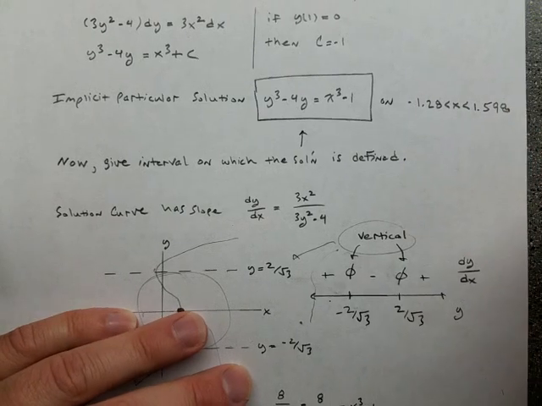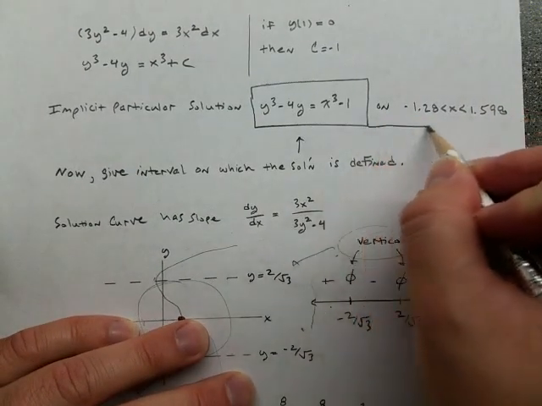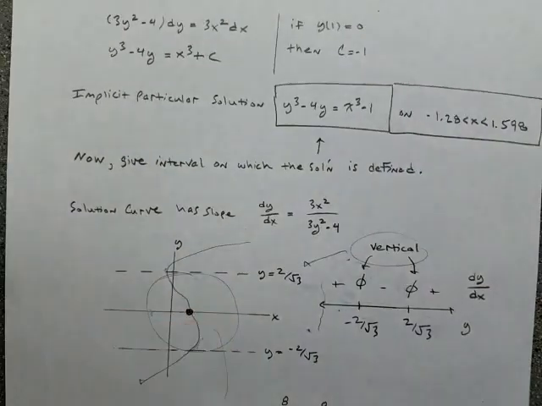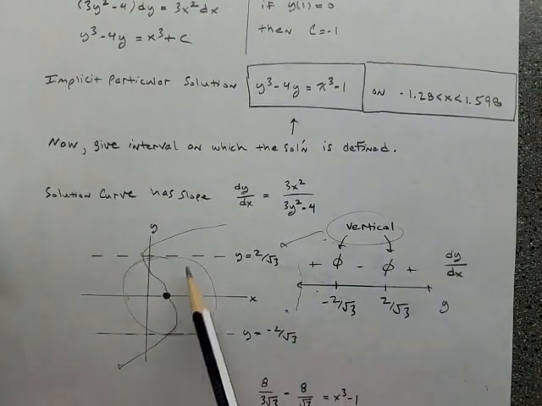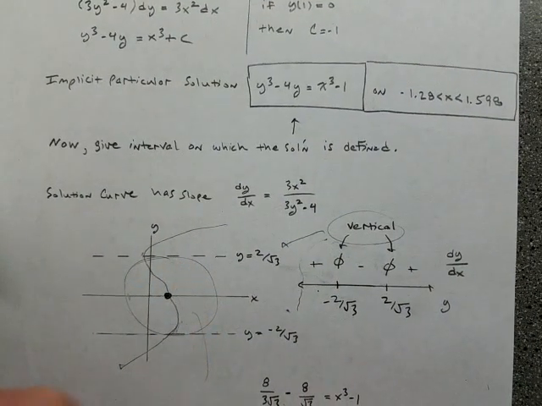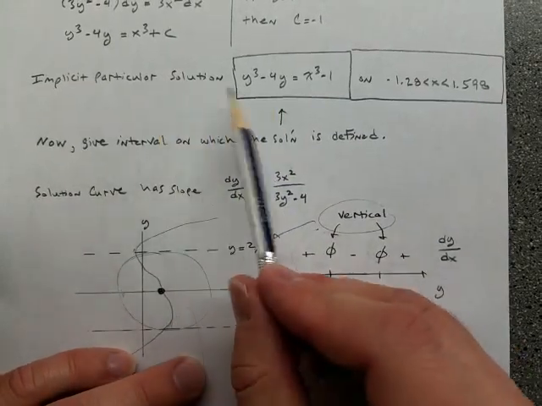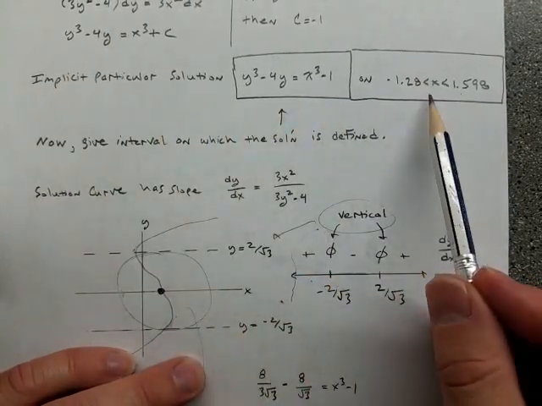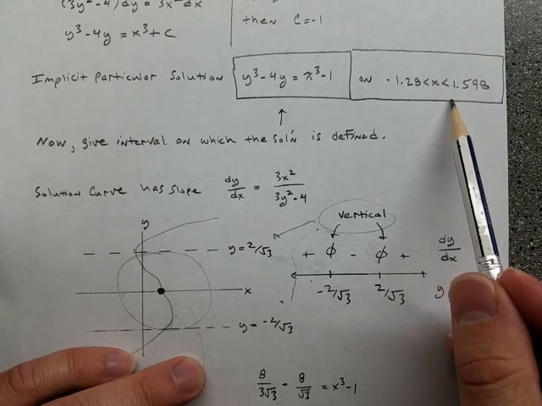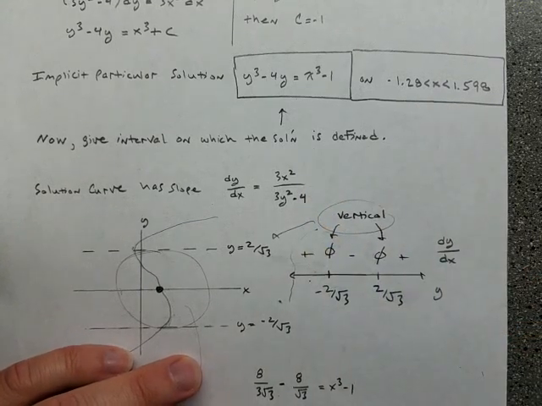All right. Okay, so we'll put it on that interval. And all that does is identify this part of it. So here's my implicit particular solution and the interval on which it's defined for that original differential equation.